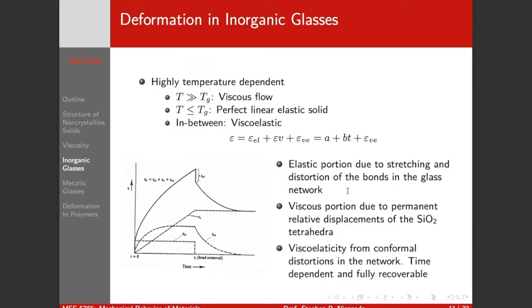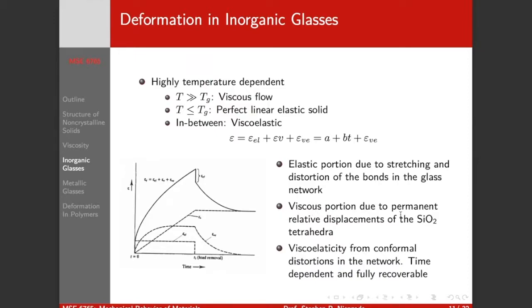Okay. So the elastic portion is due to stretching and distortion of the bonds in the glass network. Remember, SiO2 forms covalent tetrahedra, and elastically we're stretching or distorting those bonds. Right?